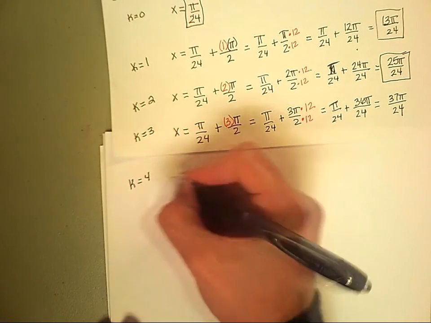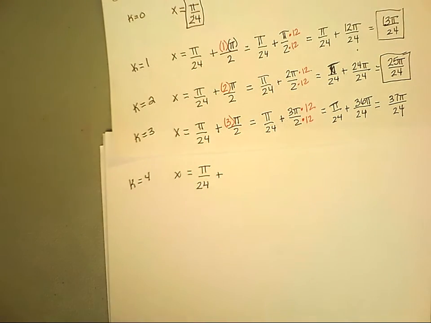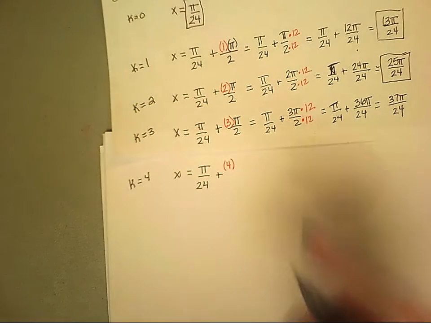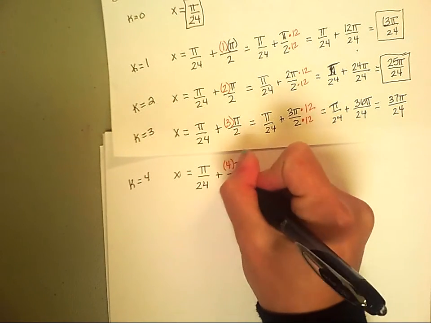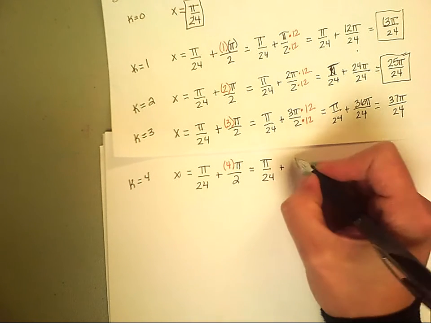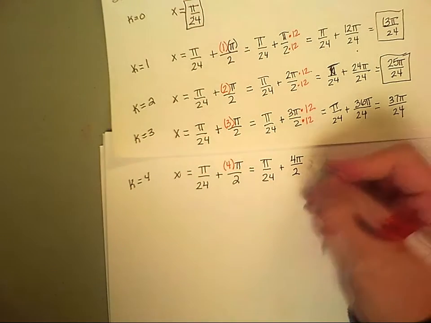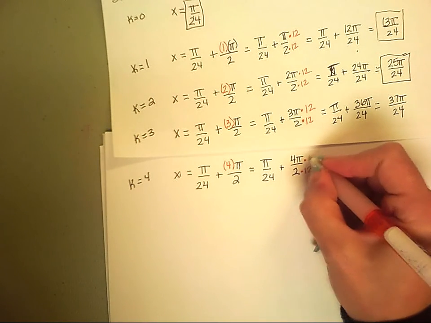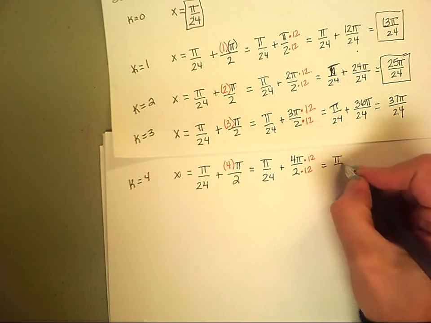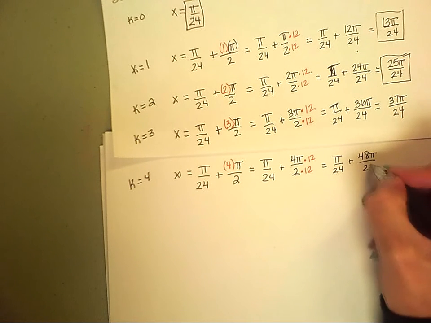If we let k equal 4, then x is equal to π over 24 plus 4 times π over 2, which is π over 24 plus 4π over 2. Getting a common denominator, multiplying by 12, we have π over 24 plus 48π over 24.